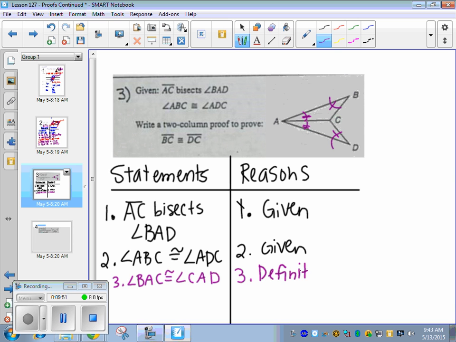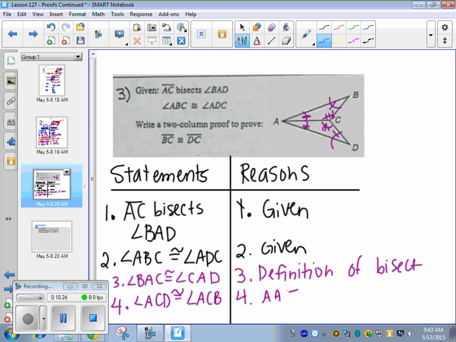Definition of bisect. All right, so by looking at the picture, we can say, Sebastian, what else? Good. Good. Angle ACD, so this guy right here is congruent to angle ACB.